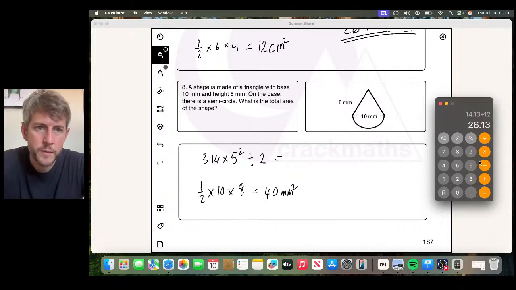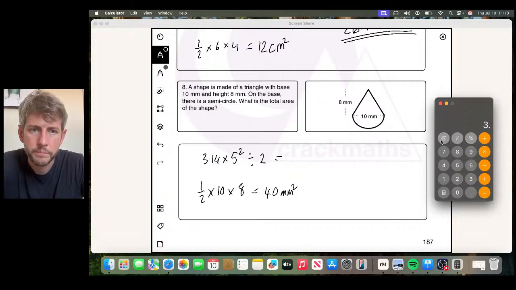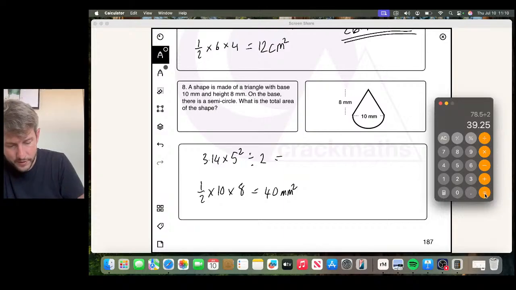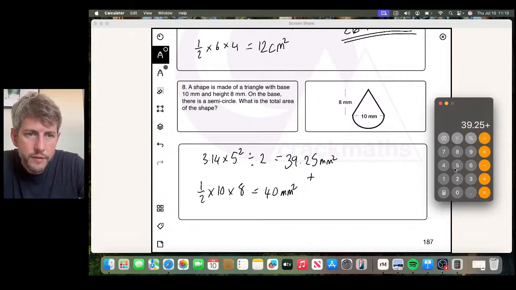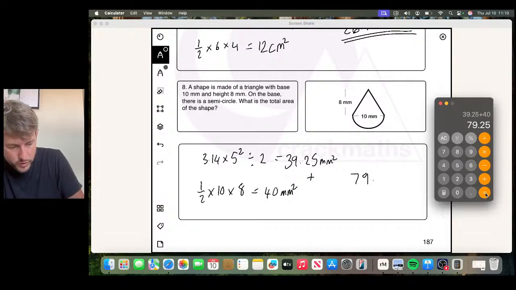I'll have to do this other bit on the calculator. 3.14 times 5 times 5 equals this, and then divide that by 2 is here 39.25. And then if we add these together, we add the 40, so we get 79.25 millimeters squared.